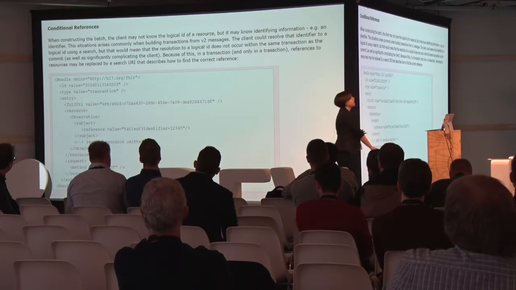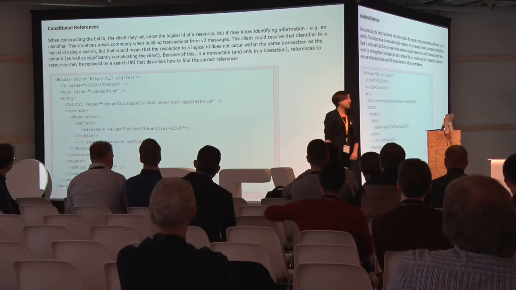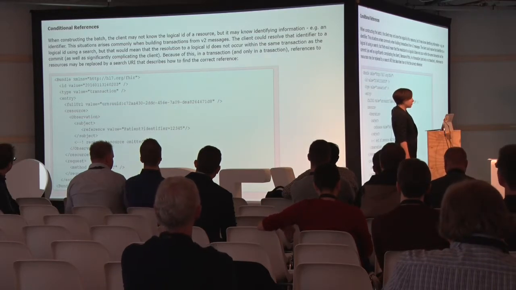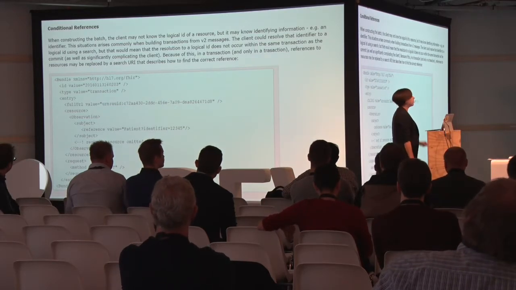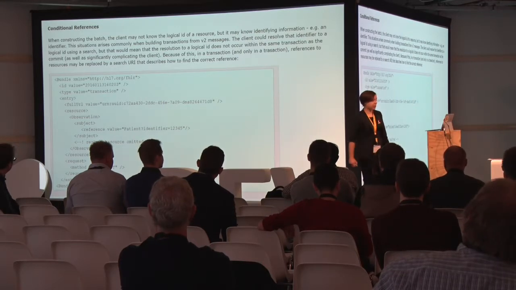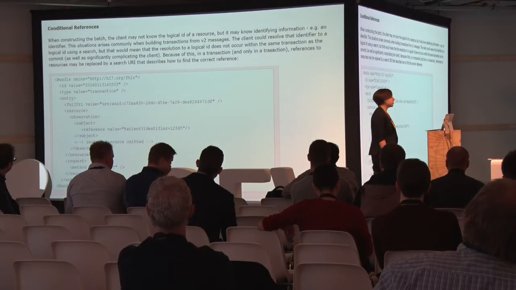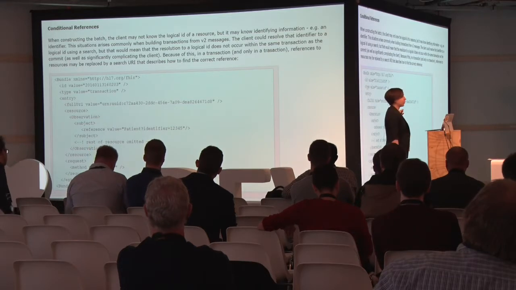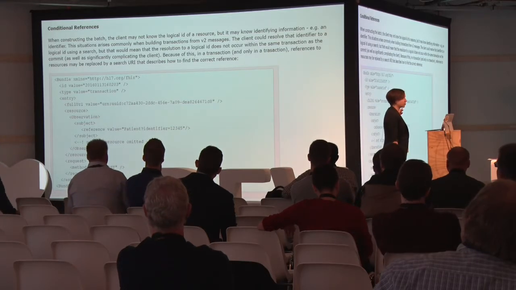And then again, the receiving server would be expected to resolve this search criteria to a unique match and replace it with the actual URL of that patient. Again, if there are multiple matches or no match, we would have an error.